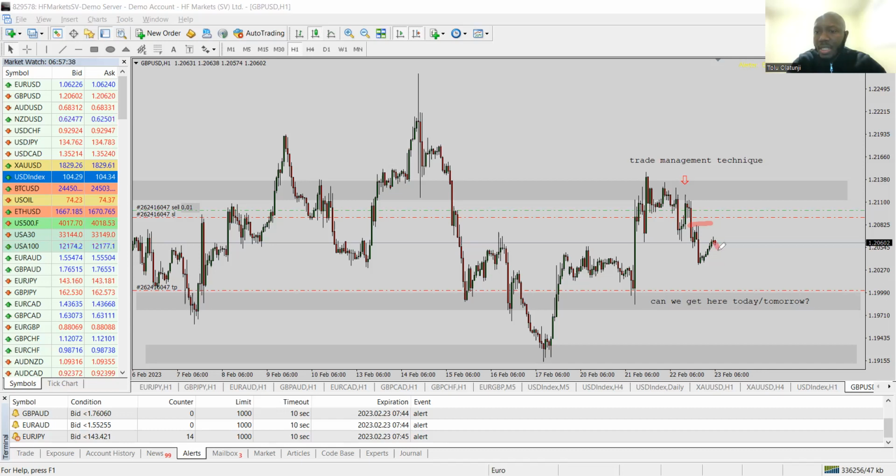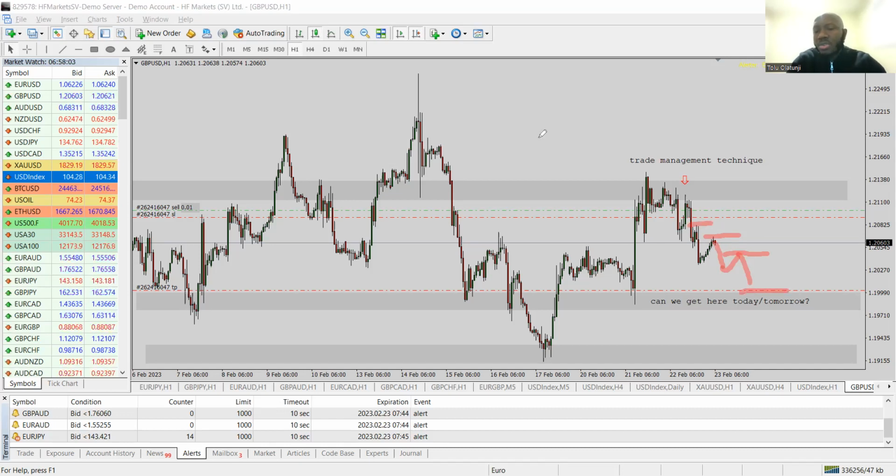If this market should start to drop from here, then this is another area here. This is a high where you can move your stop loss from where it is to this place. And then if it decides to pull up again, remember your stop loss is now here, and if it decides to drop again, you can now mark here and put your stop loss above, until it gets to your final take profit area.